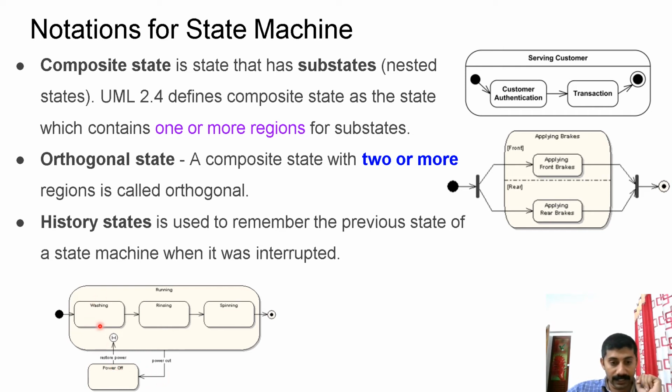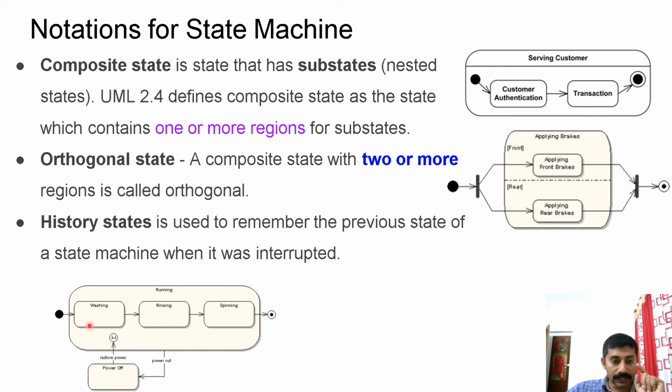That means your washing completed, rinsing completed, spinning was going on, at that time power interruption happened. When the power comes back, if it is a history state implementation, then it won't start from the beginning. It will directly start from the previously interrupted state.